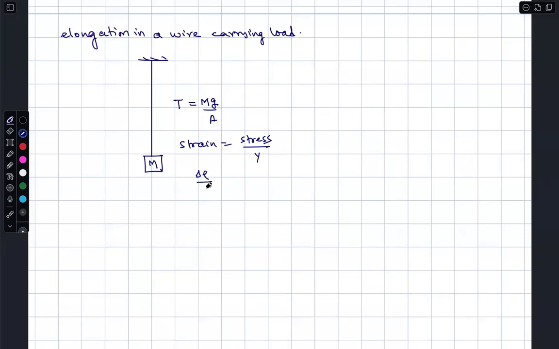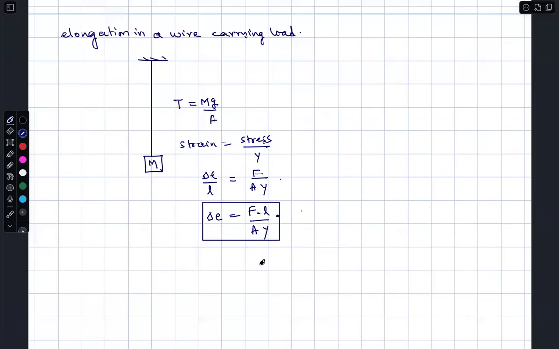Delta L by L is equal to stress by Y. So delta L is F into L by A into Y. So that is the elongation.